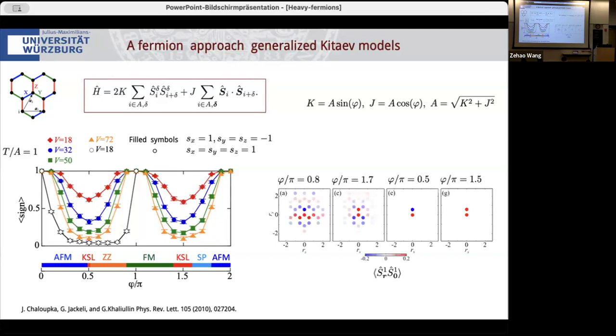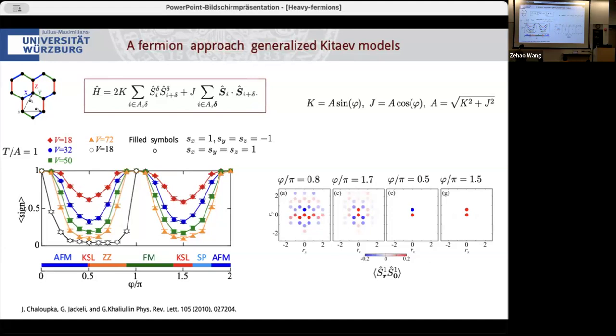So we can go down in temperature using this trick, and you can see that these are exact numerical results, which have an approximate phase diagram for this model. So here you have a zigzag phase. These are spin-spin correlations.